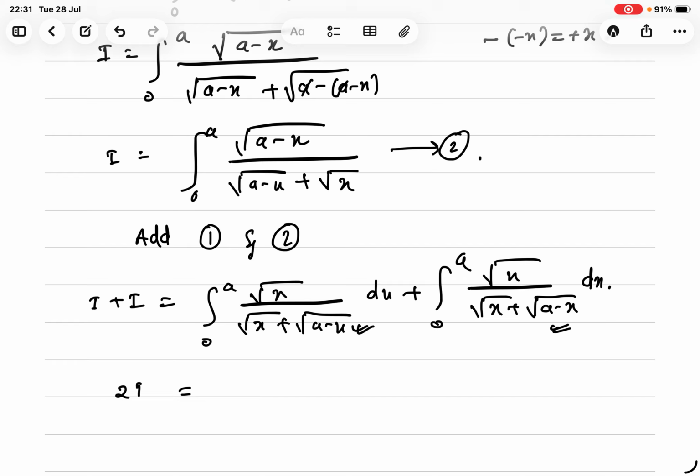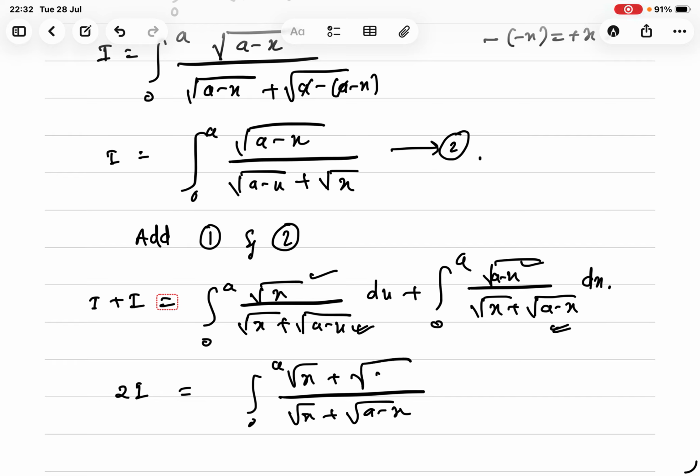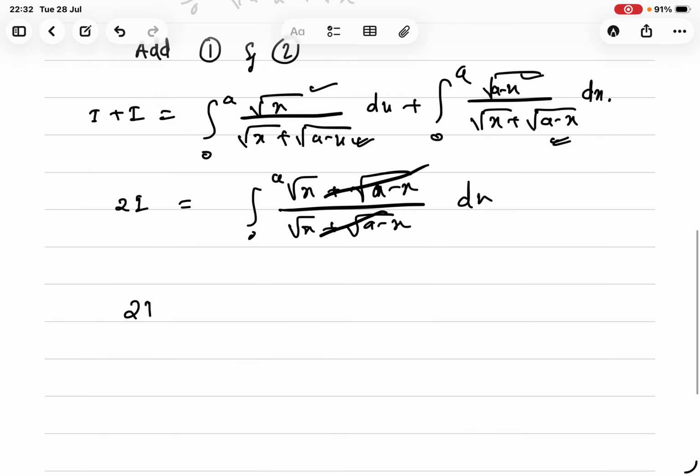Now they will be added, that is, the integral from 0 to a of root x plus root a minus x over root x plus root a minus x. Both numerator and denominator are same. Then 2I is equal to the integral from 0 to a of 1 with respect to x.